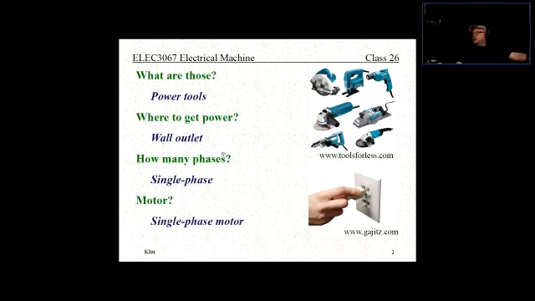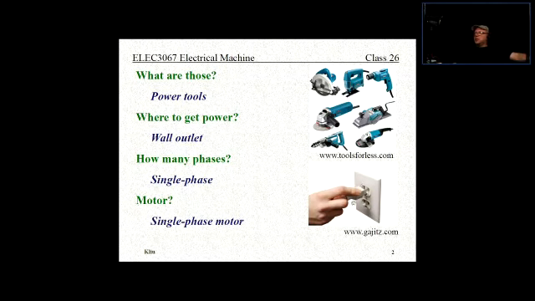Where do we get the power? We get the power from the wall outlet. And of course, in a wall outlet we do have single phase AC. In order to make a motor run on single phase, we have to have something that behaves like a single phase induction motor, because we don't have the three phases in the wall that we usually have.